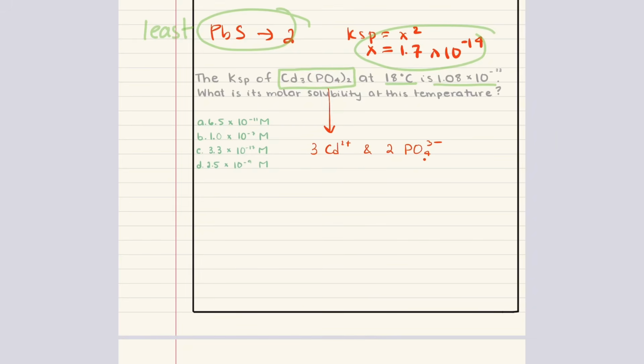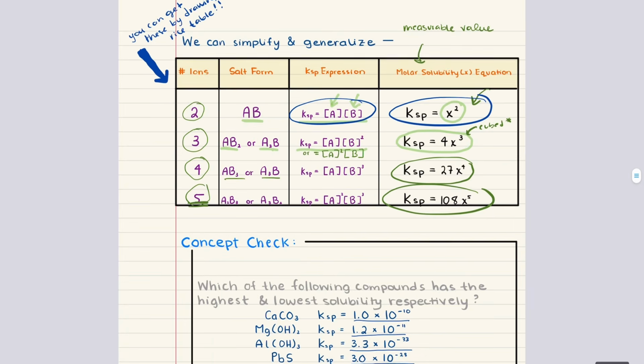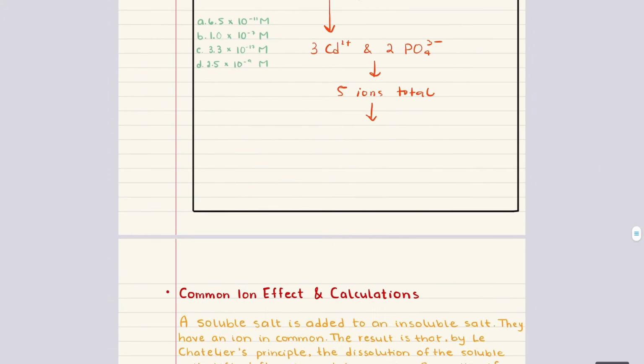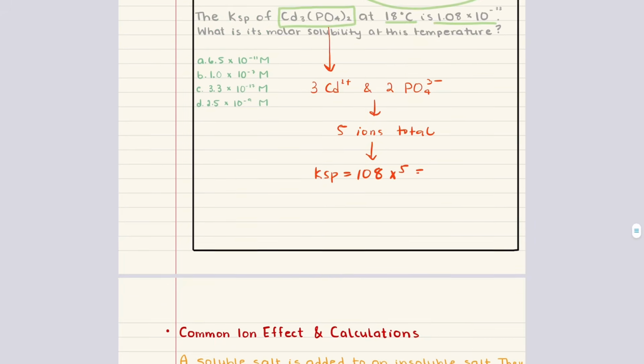If x is the molar solubility, then cadmium is 3x and phosphate is 2x. KSP equals the product of concentrations, so it is (3x) cubed times (2x) squared, or 108x to the 5th. Set that equal to 1.08 times 10 to the negative 33.